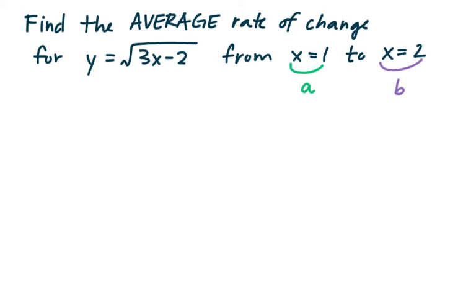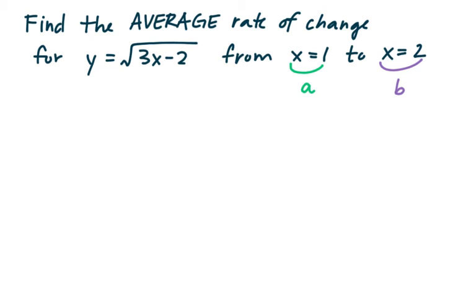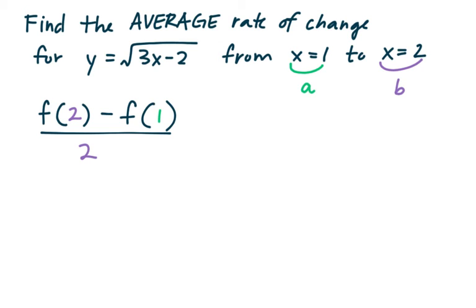So by our definition, if we go back over here to the first page, we know it's going to be f of b minus f of a over b minus a. In this situation, f of b, that's f of 2, minus f of a is 1, all divided by b minus a, or 2 minus 1.